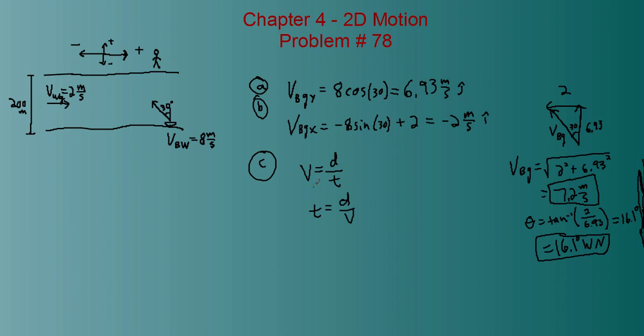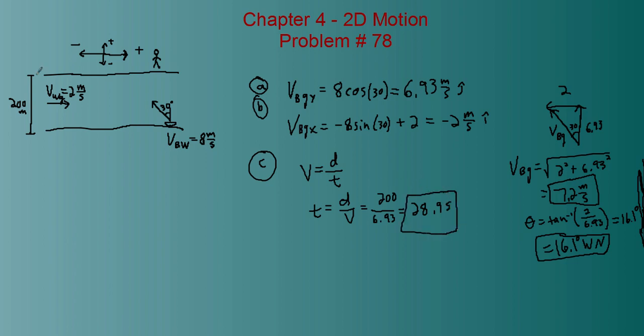So we could use the speed of the boat in the y direction to figure this out. So in the 200 meters across, the boat is going at a speed of 6.93, as you can see up here in the y direction. Right, the x velocity has nothing to do with going across the river, and that gives us a time of 28.9 seconds.